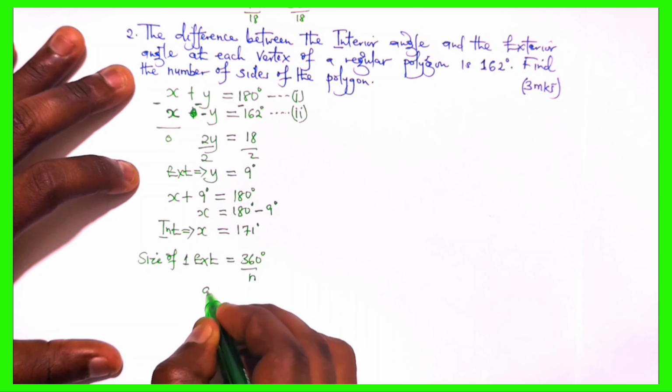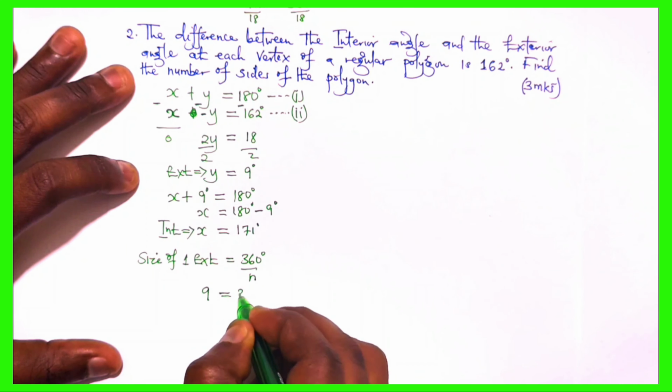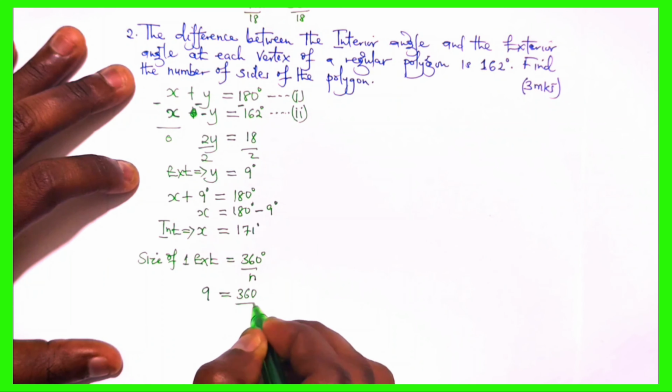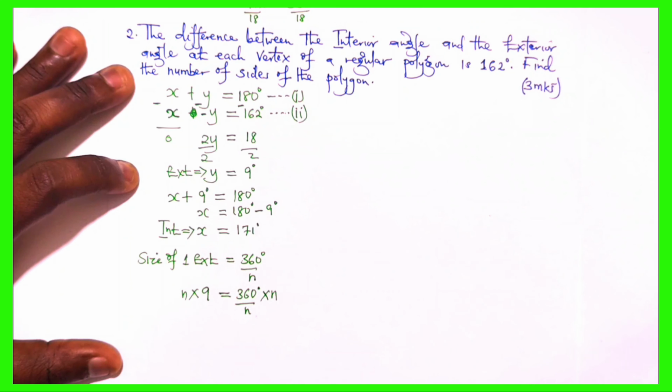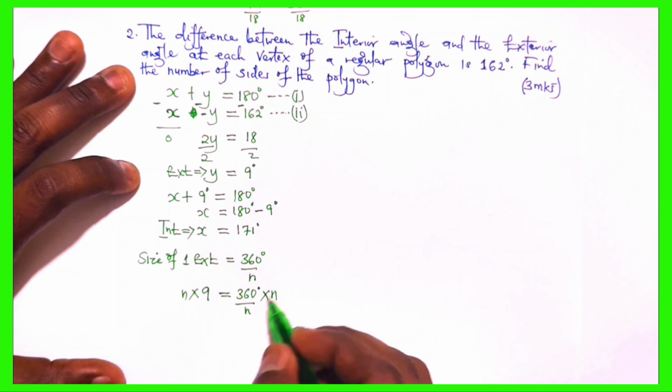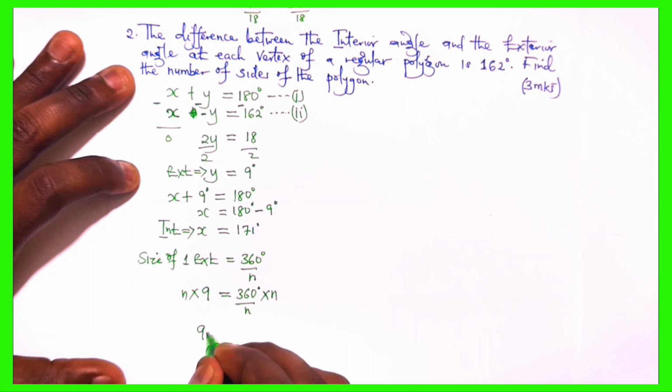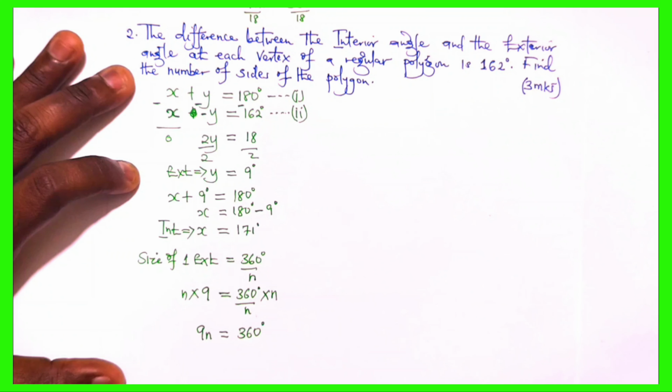So you're going to have here that 9 will be equal to 360 degrees divided by n. And therefore we multiply both sides by n to get rid of the denominator. So we end up getting 9n to be equal to 360 degrees. And then we divide both sides by 9. We end up getting the value of n to be equal to 40. And this is the solution.